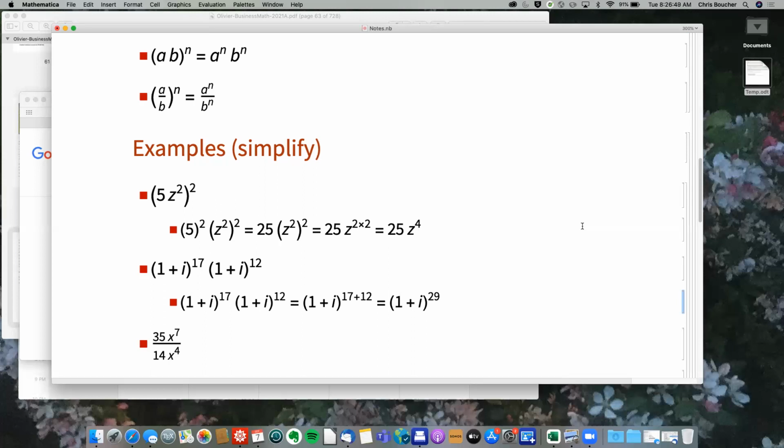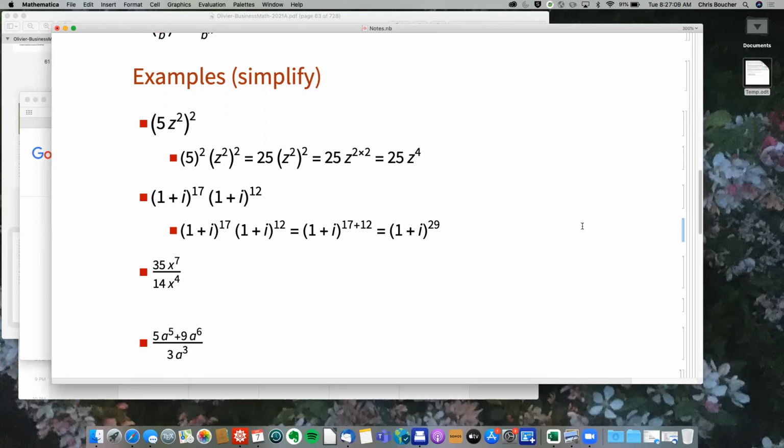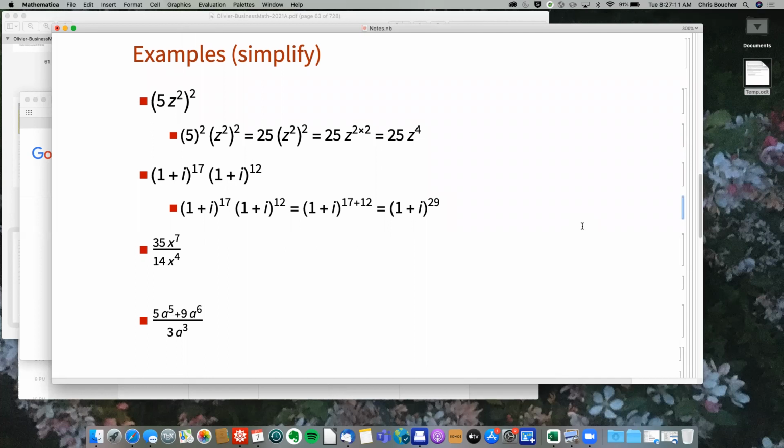I only write that for emphasis of what the exponents mean. It is in theory possible to multiply all that out, but it's way more work than out here. But we should know what the exponent means. All right, let's try the next one.